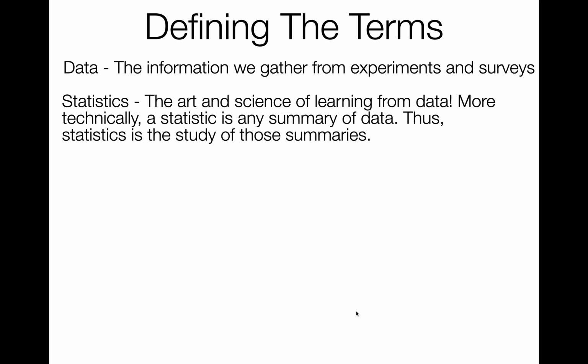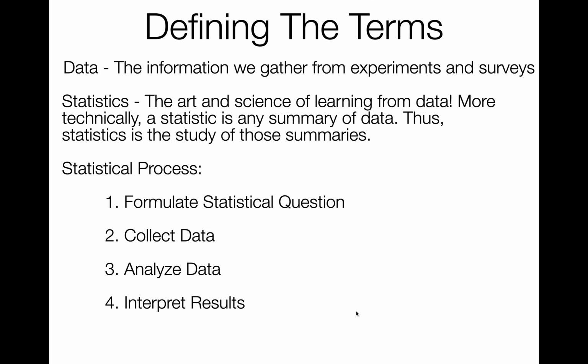So if I have a bunch of values, 1, 2, 3, 4, and 5, and I sum them all up, or maybe I subtract them from each other, or maybe I take what many of you know as the mean of the data, that is a statistic. When I take a bunch of data and boil it down to one number, that one number is called a statistic. So statistics as a field is the study of those summaries. Good information there, but it's okay if you don't really get it right now.